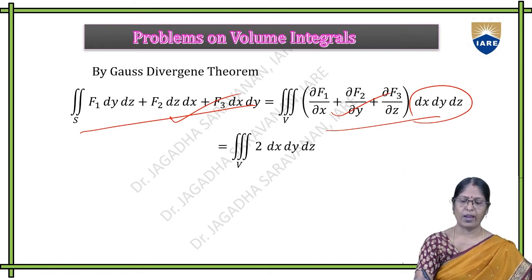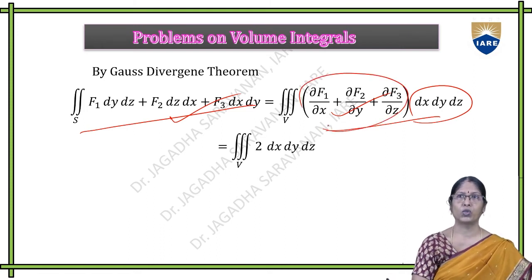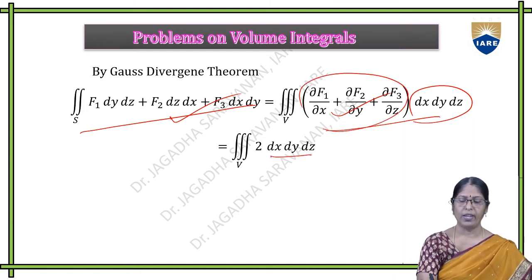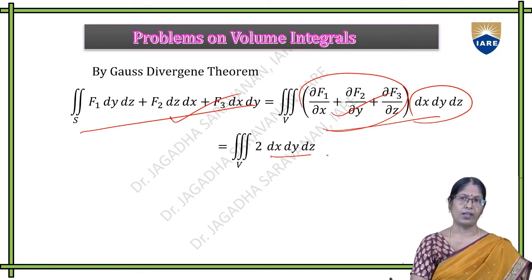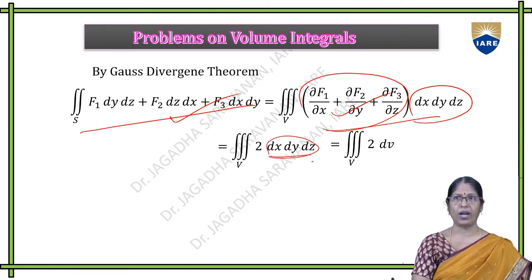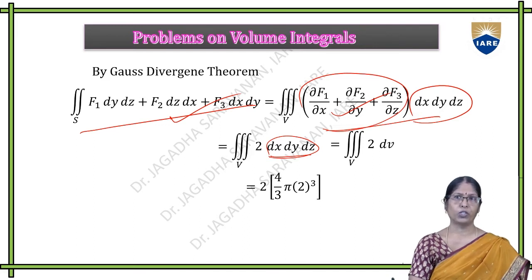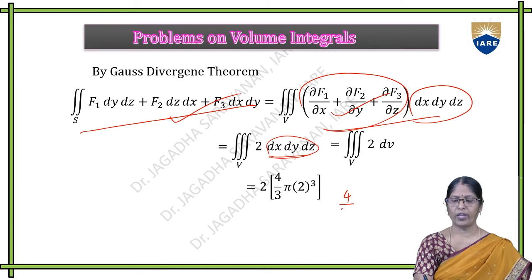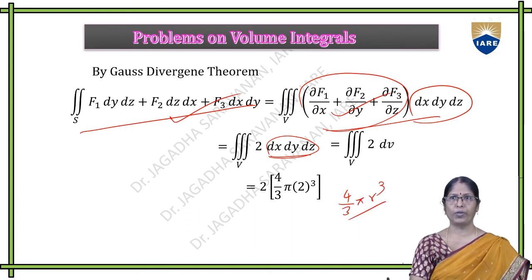Now we obtained the result 2, and dx dy dz as it is. Next, dx dy dz is replaced by dv, and the volume of the sphere, we know, is 4 by 3 pi r cube.